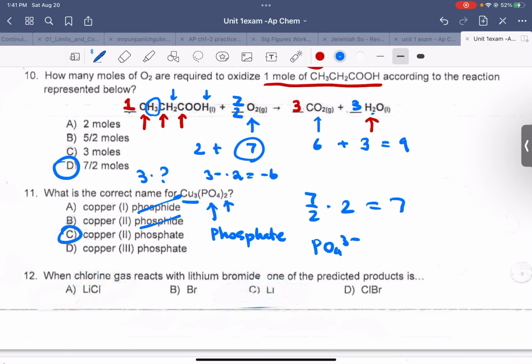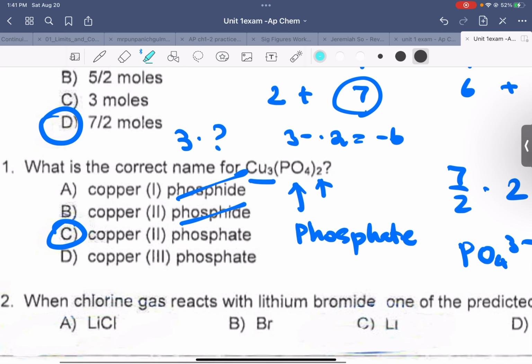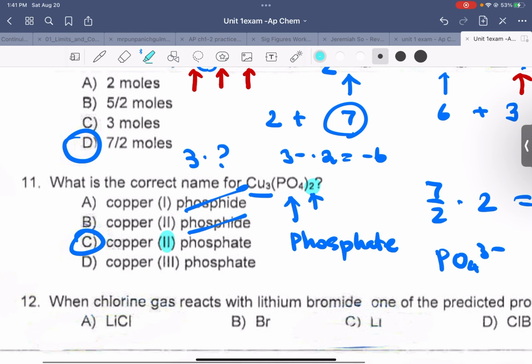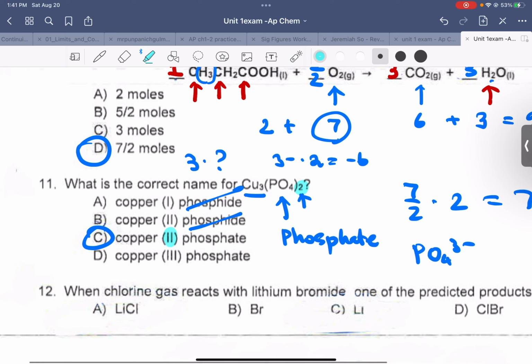And it also shows you the charge right here for Cu, Cu2. That's what that meant. But you can check one more time. PO4 is 3 minus, but you have 2 of them, so the charge is negative 6.